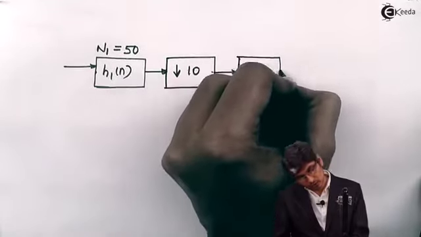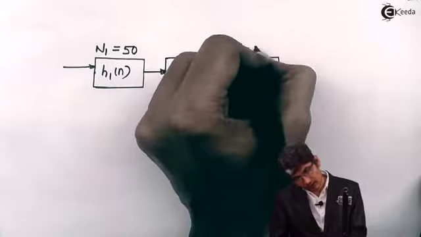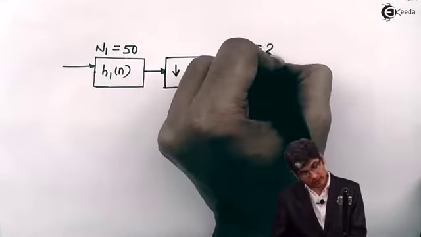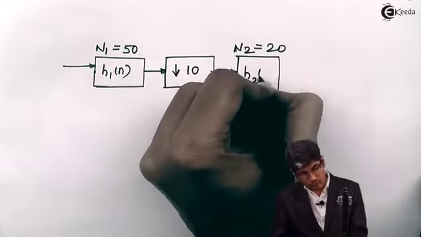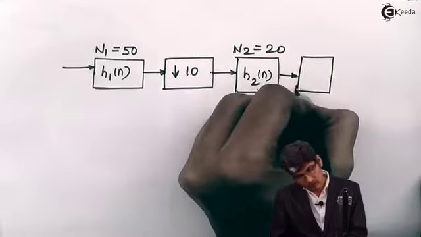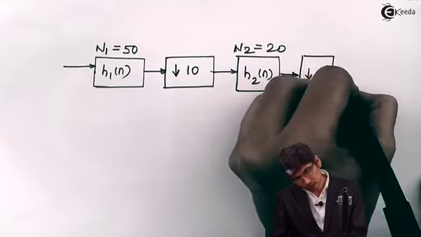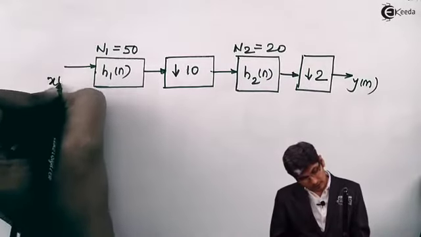Then in stage 2, I will have a filter h2 of n with N2 equal to 20, and then a downsampling rate of 2, and that will give me y of m.